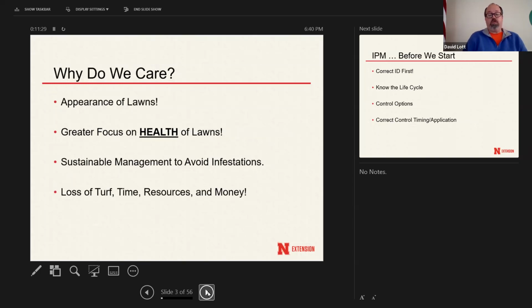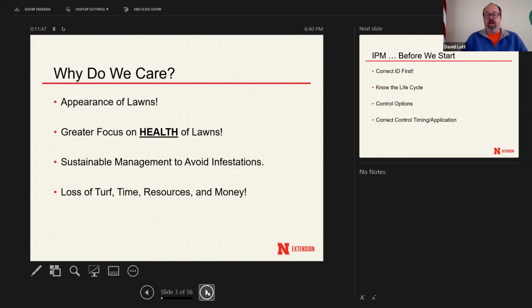And why do we care? Because everyone wants a beautiful lawn. And while I put that right up on top on the first, we need to have a greater focus on the health of the lawn, not just the looks.